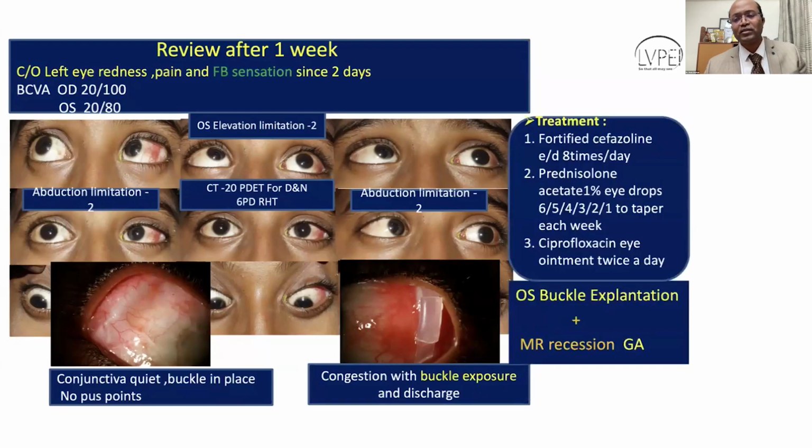Having known that he was quite sensitive to fortified cefazolin, we kept him on cefazolin and decided to go ahead with buccal explantation and medial rectus recession, because he had a residual esotropia of 20 prism diopters. I thought I would not leave the opportunity to correct his residual esotropia.